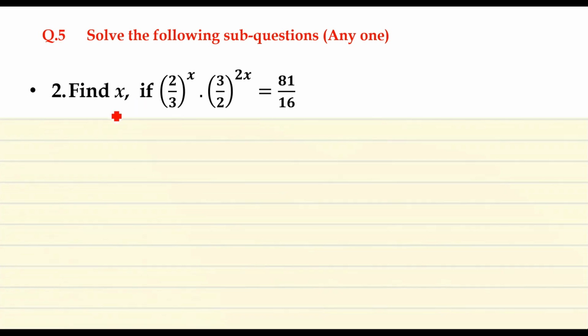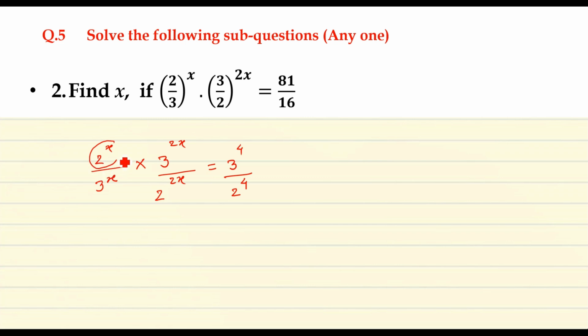Now move to the question number 2, that is 2 by 3 raised to x times 3 by 2 raised to 2x. What will be the value of x? This can be written as 2 raised to x over 3 raised to x, into 3 raised to 2x over 2 raised to 2x, is equal to 81 over 16, where 81 can be written as 3 raised to 4 and 16 can be written as 2 raised to 4.